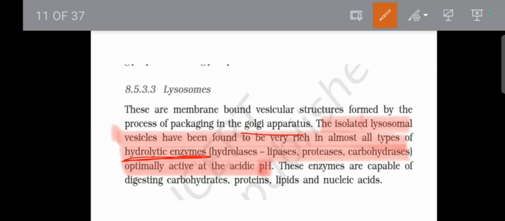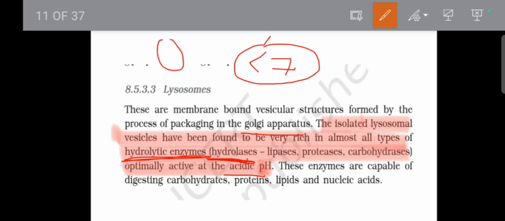Optimal pH is the acidic pH. When the pH is less than 7, it is termed acidic pH, and in acidic pH conditions the hydrolytic enzymes are activated, and they digest the cell structures and burst the cell, destroying the cell. That is how lysosomes work.